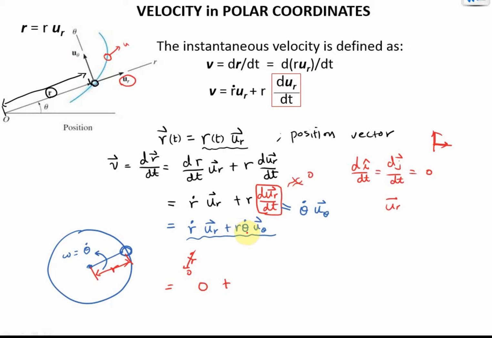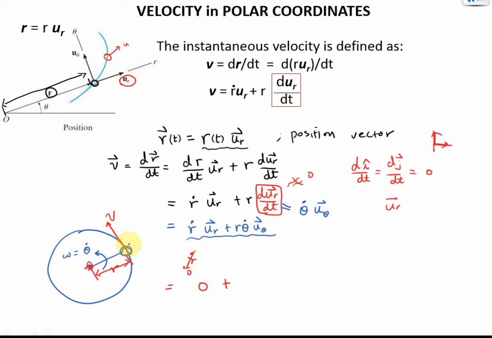And then r theta dot. So the velocity is determined by r theta dot. If you know the angular velocity, then you multiply it by r, from your rotating point to the object, and that will be your velocity. Which direction?